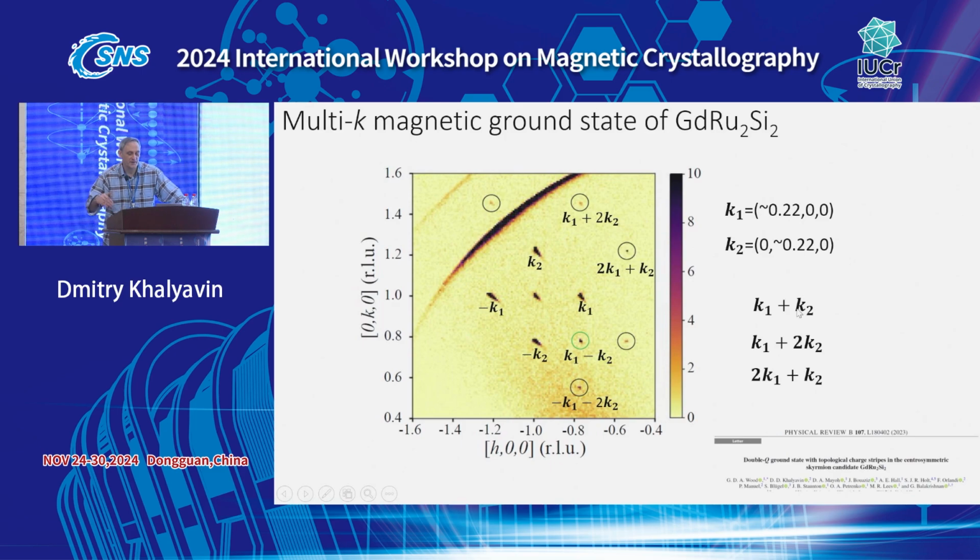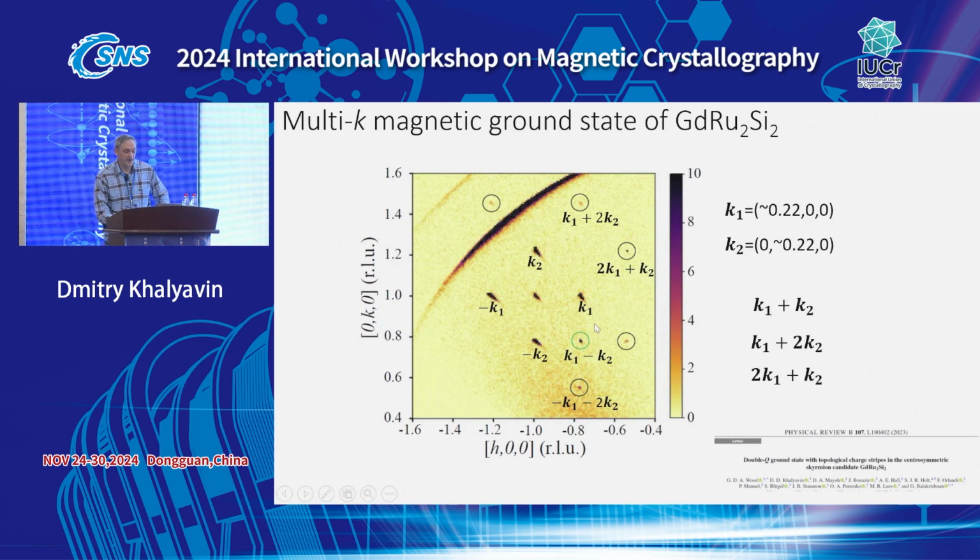We have K1 plus K2, which has to be structural, and K1 plus 2K2, which has to be magnetic. From this data, we cannot conclude whether it is magnetic or not. But then this crystal was also studied at Diamond on I-16. It's resonant X-ray scattering, where, playing with polarization, sigma-pi, sigma-sigma, you can decide whether it is magnetic or structural.